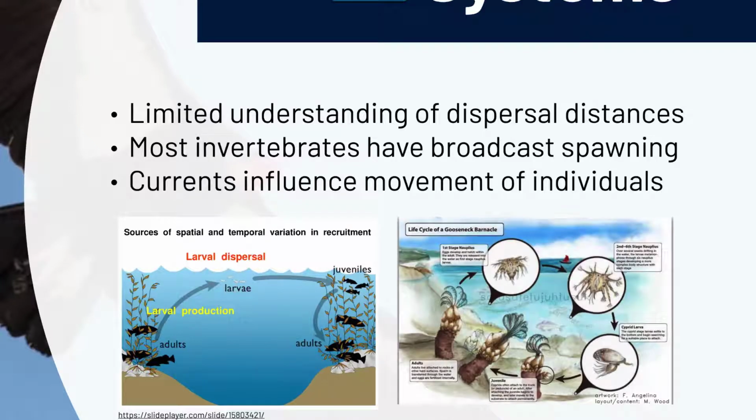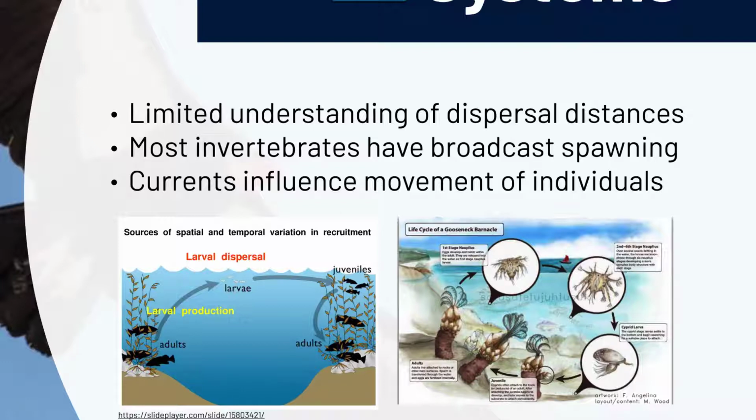For something like a barnacle, however, which is sessile in its adult form, so it attaches to a structure, there's a little bit more limited dispersal that can occur because the larva will have a slight means of passive dispersal via currents.